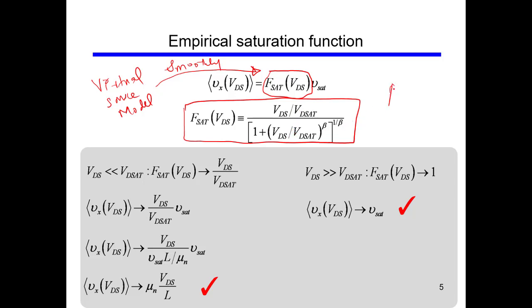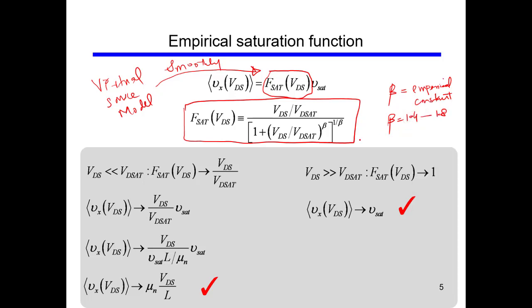So what is beta? Beta is an empirical constant that these researchers derived with a lot of experimentation, and beta ranges from 1.4 to 1.8.